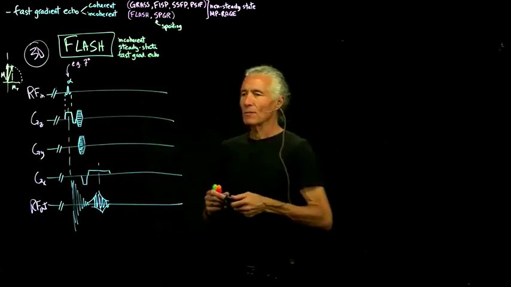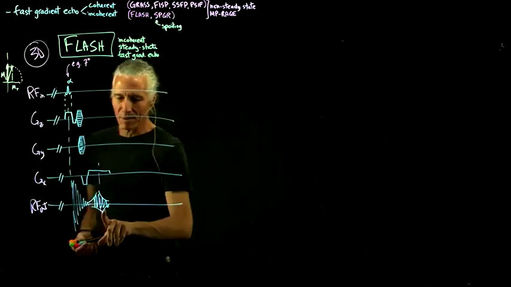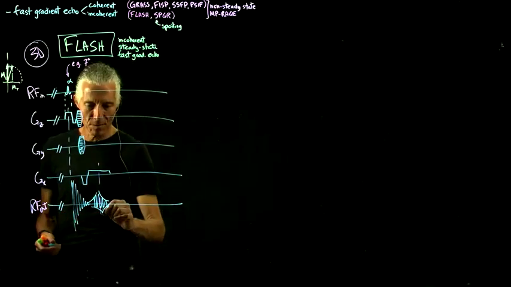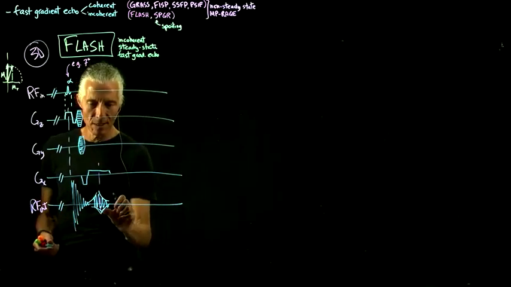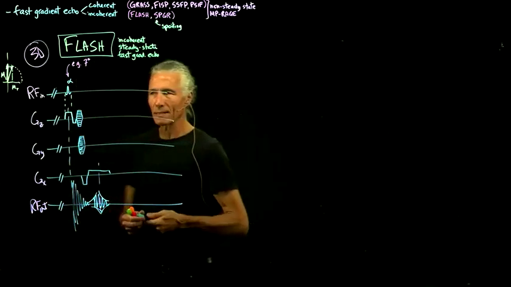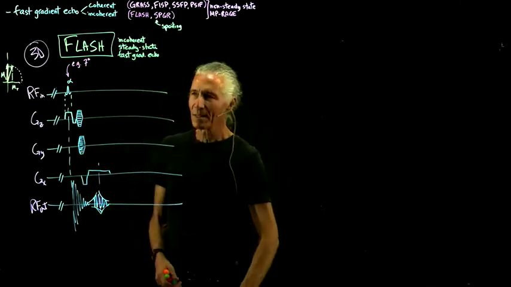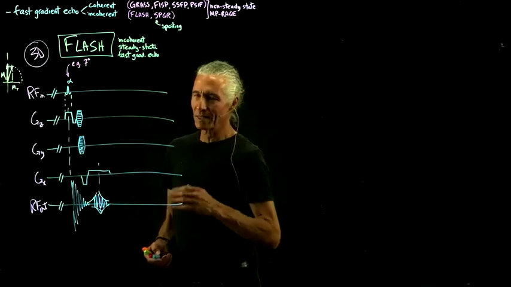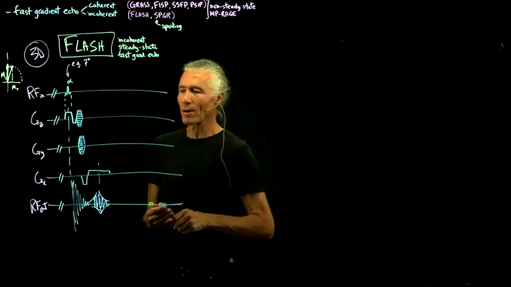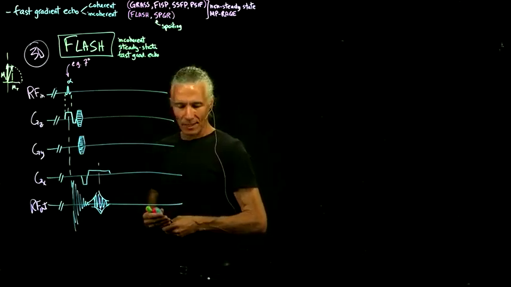So now we wait, we record a reasonable amount of the echo. The echo is more or less died away, but there's still a lot of hidden transverse magnetization because it's T2 star, and we haven't fixed the static gradient offsets.